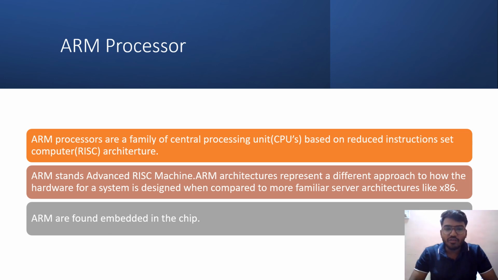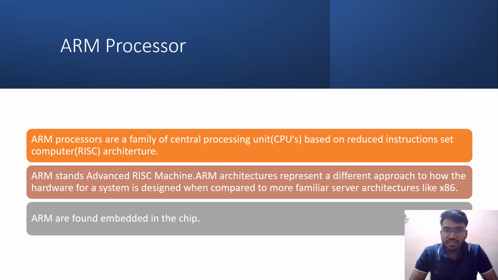the components of ARM processor. ARM processors are a family of central processing units (CPUs) based on reduced instruction set computer (RISC) architecture. ARM stands for Advanced RISC Machine.